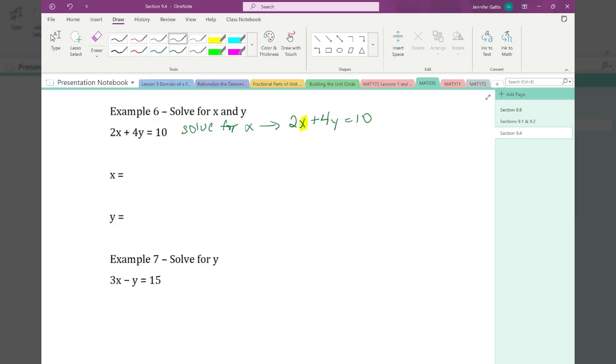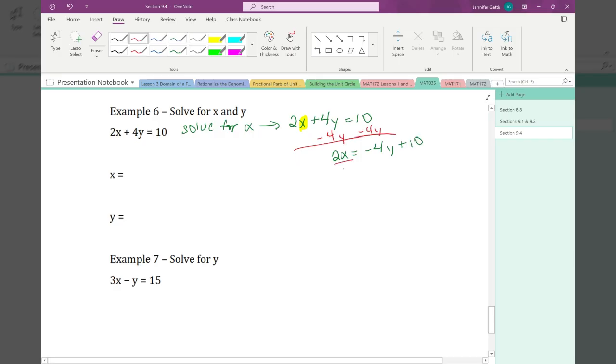And remember the story that I told you all about the birthday gift? You cannot pull that 2 away from the x just yet. First thing that we have to do is get that entire variable term all by itself. So that gives us 2x is equal to negative 4y plus 10.